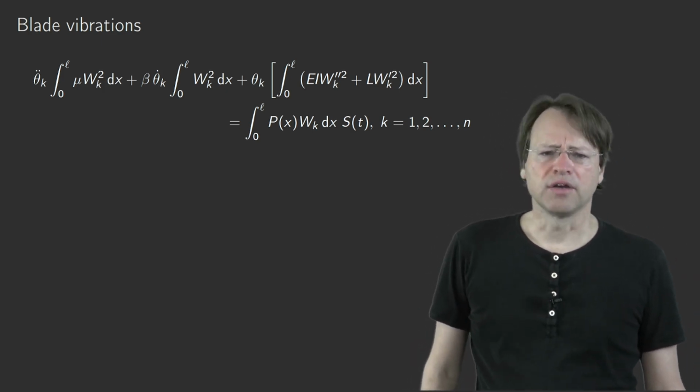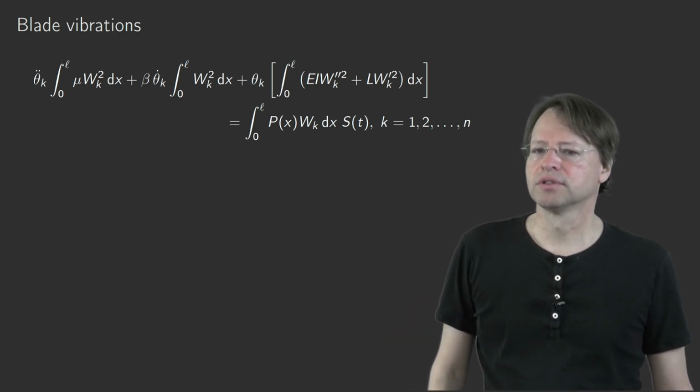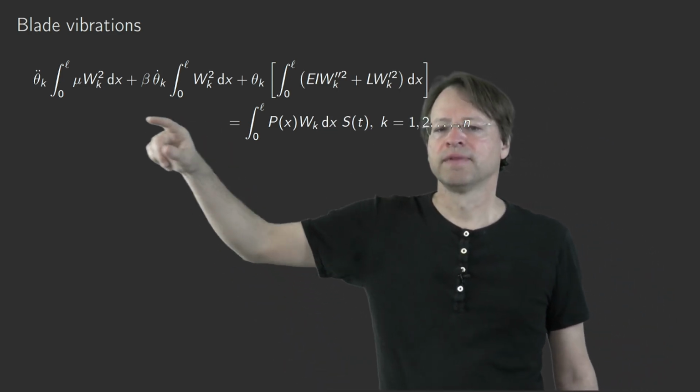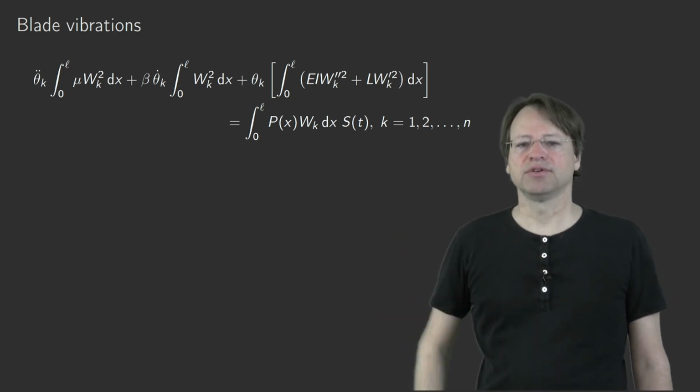Well, can we further simplify that equation? I mean, that looks also good. You have to compute all these integrals, of course, in order to get the coefficients in these decoupled ordinary differential equations.